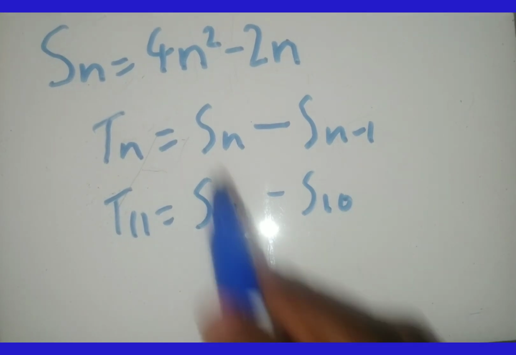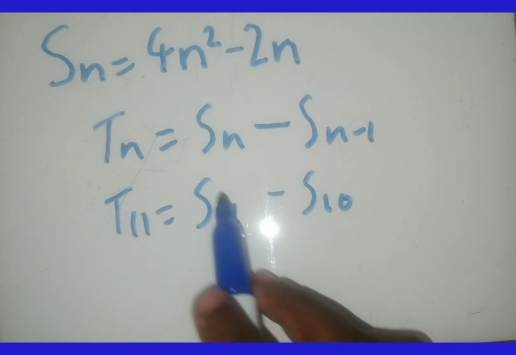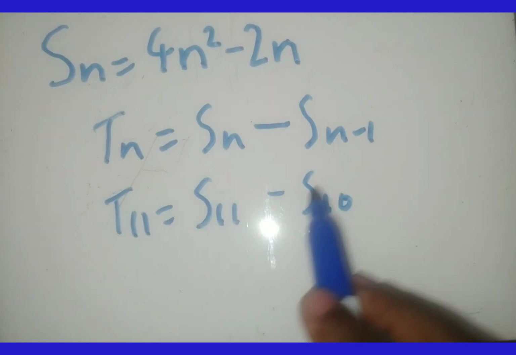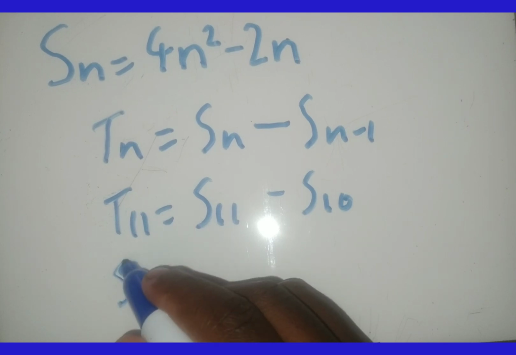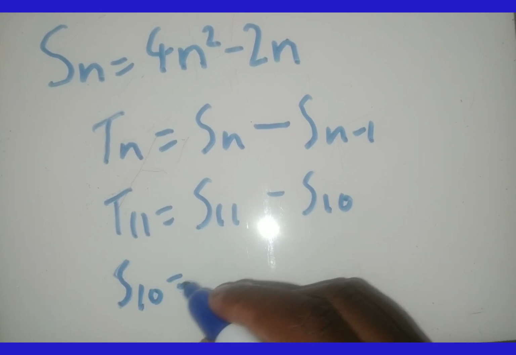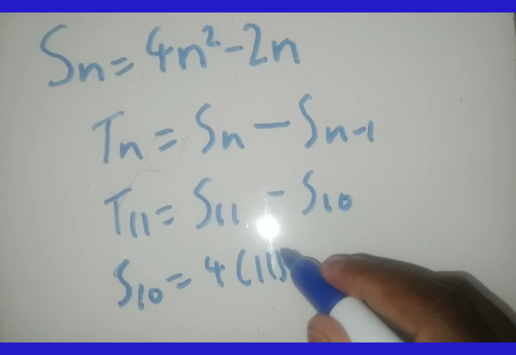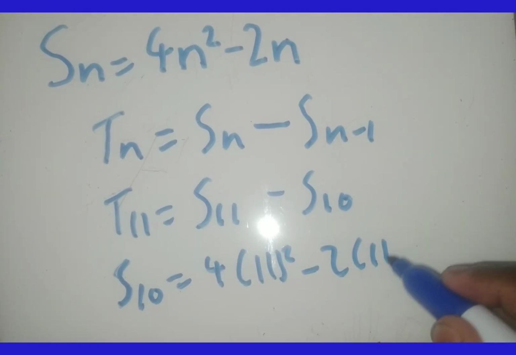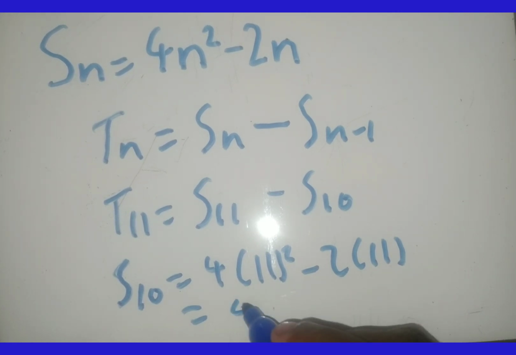Now we're going to have to substitute because this is the sum formula, right? So we have to find the sum of 11 terms first, then the sum of 10 terms, then we subtract them. So let's find the sum of 11 terms. We substitute into that formula, so it's 4 into 11 squared minus 2 into 11. You can verify with me, it should be 462.